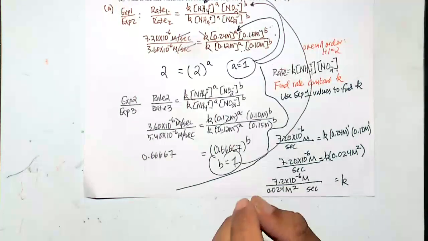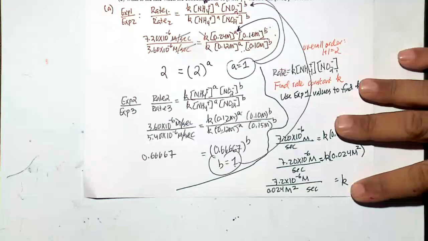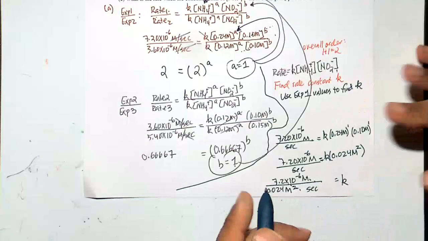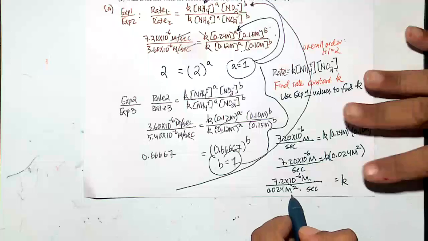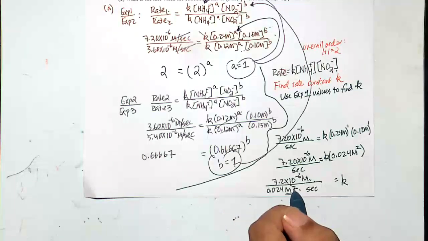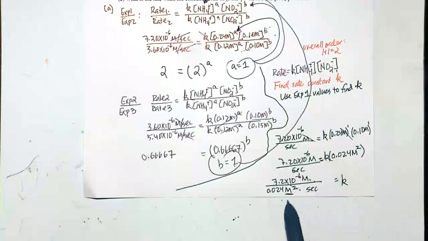Now we have to be very, very vigilant with our units. One of these M's will cancel out with one of these M's, leaving us with one M in the denominator.